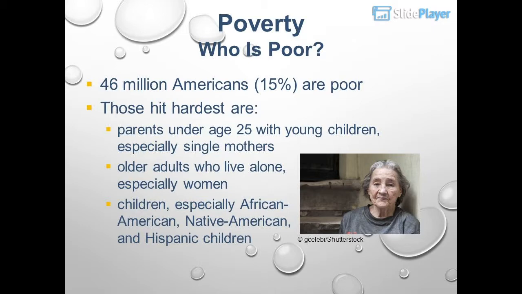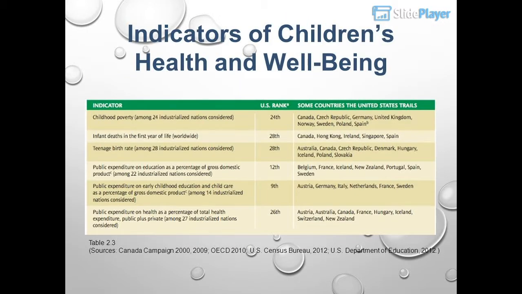Indicators of children's health and well-being. Table 2.3: How does the United States compare to other nations on indicators of children's health and well-being? Sources: Canada Campaign 2000, 2009, OECD 2010, U.S. Census Bureau, 2012, U.S. Department of Education, 2012.